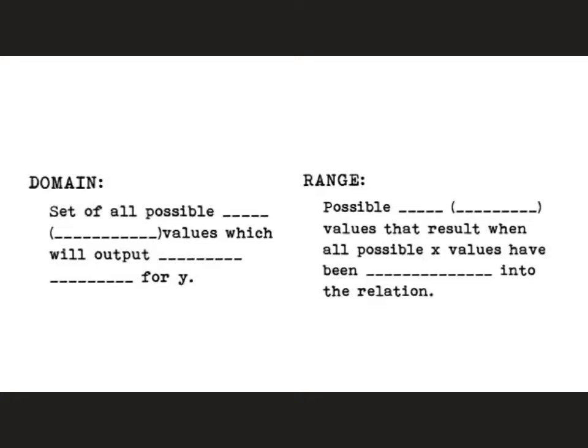All right, so here, domain is the set of all possible x values or input values. We've been using these words interchangeably. These are values which will output real numbers for y.